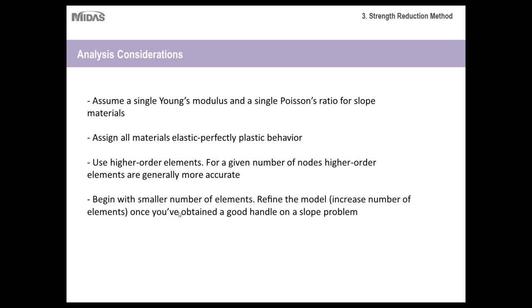And then begin with a smaller number of elements, and then refine the model or increase the number of elements once you've obtained a good handle on the slope problem. If you're still in the preliminary stages of your design for your slope, it's a good rule of thumb to use larger elements. So you'll have a smaller number of elements, but the elements themselves will be larger or coarser.